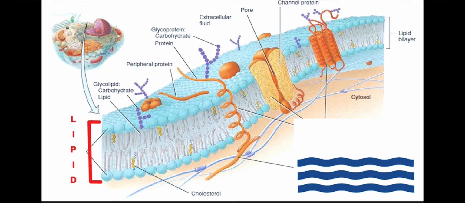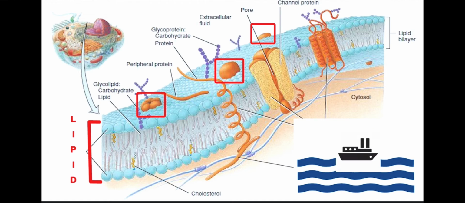The concept in the book by Tortora mentions that the membrane is like an ocean in which there are several types of proteins. If we look at the picture that I took from this Tortora book, we can see that the lipid part of the plasma membrane is like an ocean that is moving, and there are proteins on the surface of the plasma membrane.